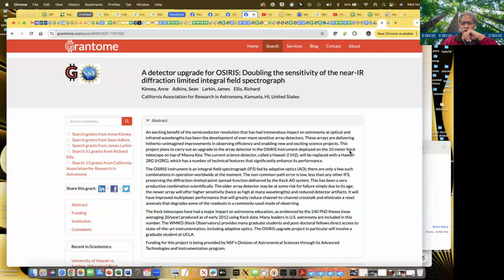So Hawaii H2 will be replaced with H2RG. What they don't tell me here is what kind of detector, what kind of chemical deposition is used for these. I guess I can do a search for Hawaii 2RG. Let me do that.